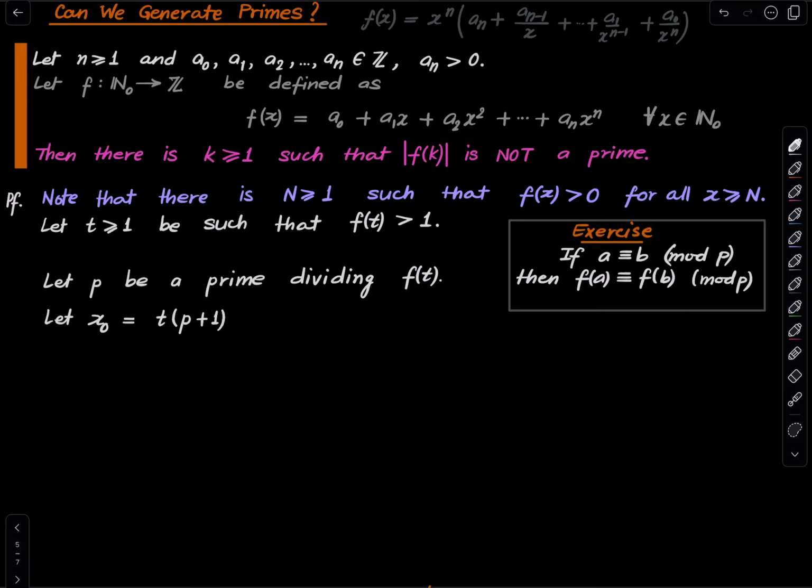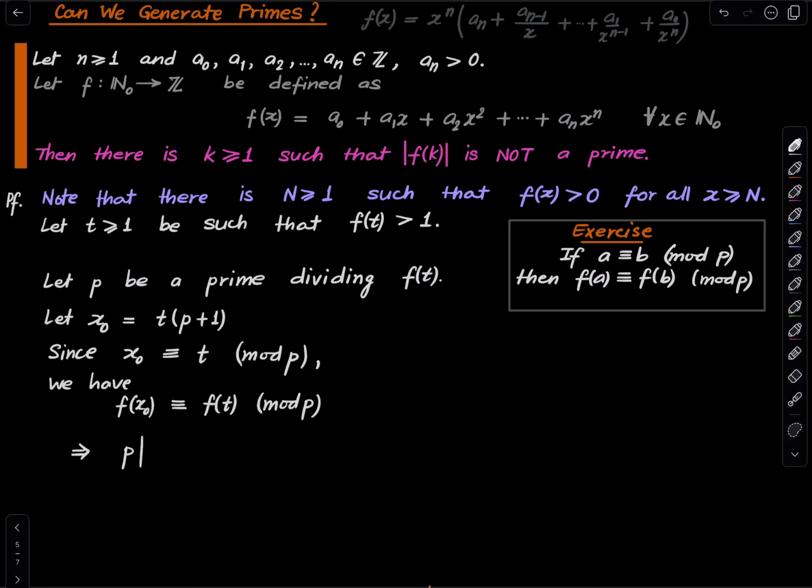Now using this exercise, since x naught is congruent to t mod p, we have f(x naught) is congruent to f(t) mod p, which implies p divides f(x naught).